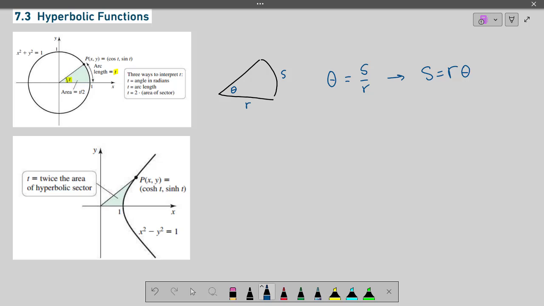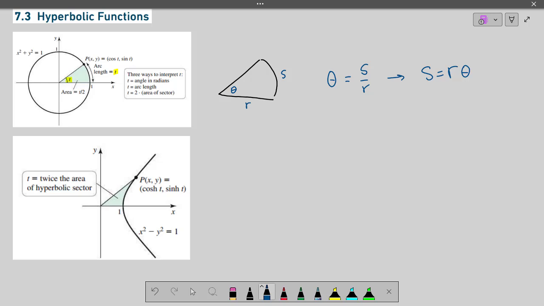Degrees are like an arbitrary, oh, we're going to break the circle into 360. Radians are a pure number. s divided by r has no units. So it's a unitless number, but we write radian just to emphasize that it's not degrees.